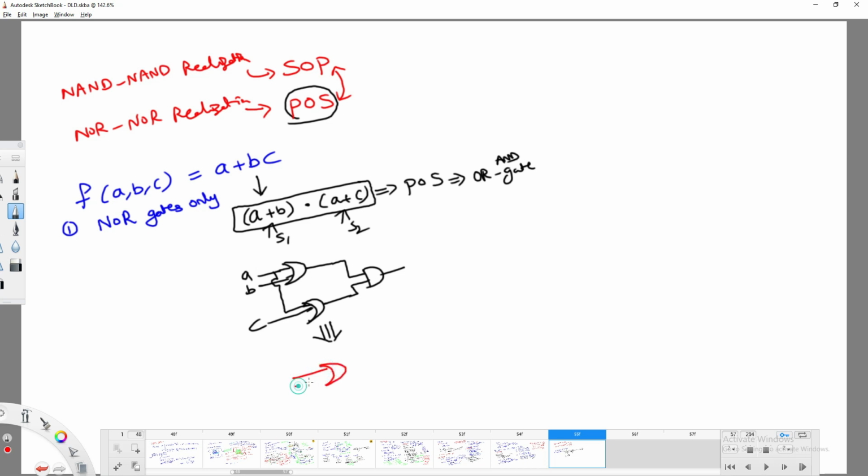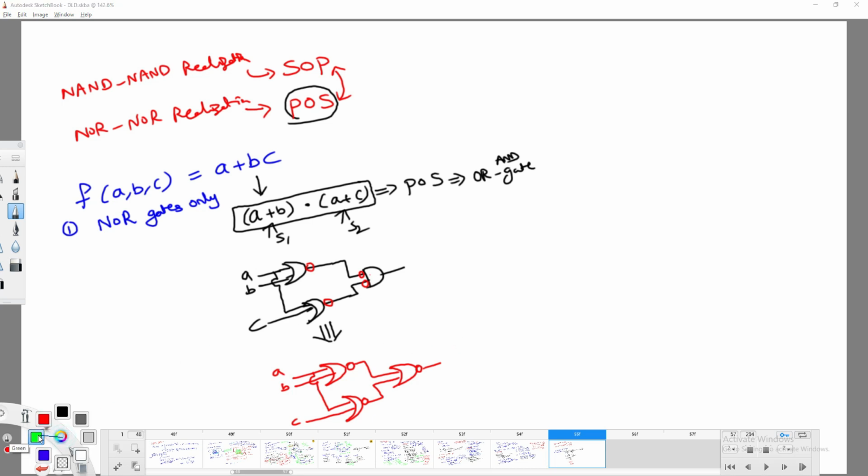The output of the OR gates should be bubbled up, and the input should be bubbled up too. So if I make a bubble here and a bubble here, is there any problem? No. So I will replace this with one more. That's it. This is the simple logic to convert, right?